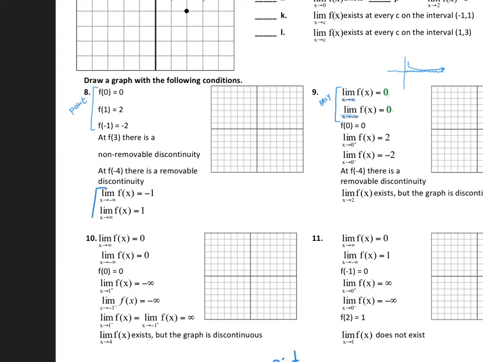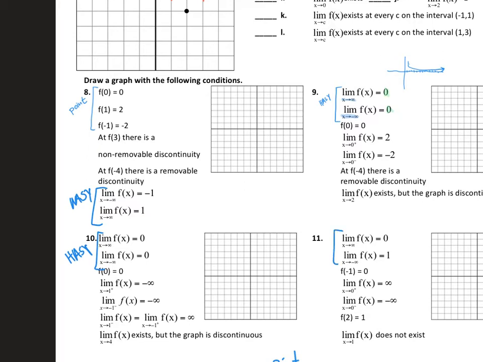Okay, so I'm seeing some right here. I'm going to have a HASI. Let's see. Number 10. Notice that we have a whole bunch of limits and infinities, but it's only the ones where x is approaching infinity. We'll talk about when f of x is approaching infinity in just a second.